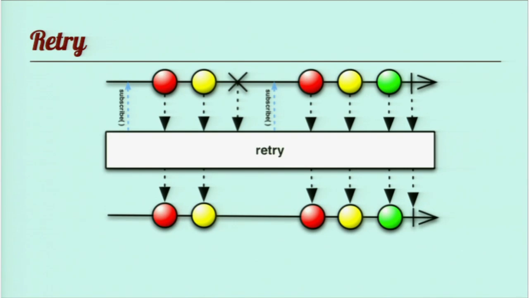And to retry, you can pass arguments like the number of attempts, max attempts that you want to do, or you can do some finer grained approaches like I only want to retry twice if I receive an illegal argument exception, and for any other exception, just propagate it.